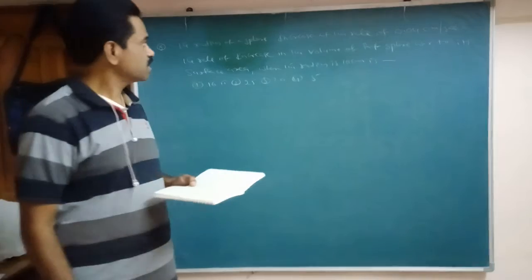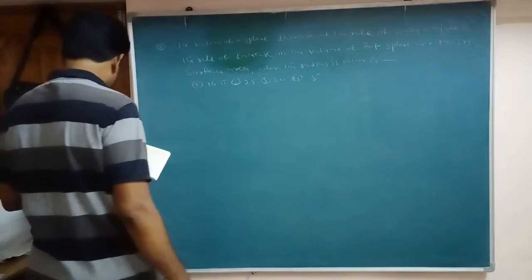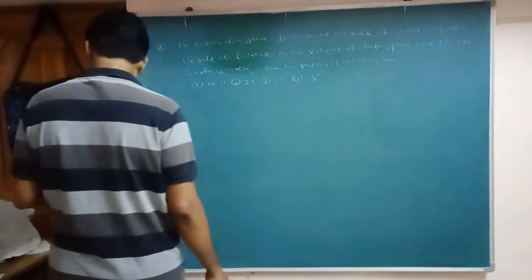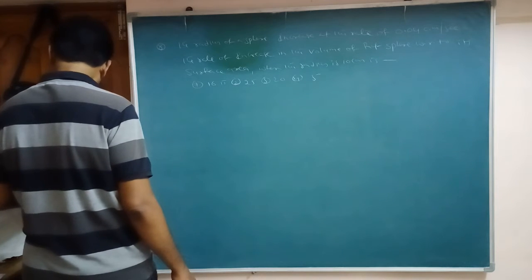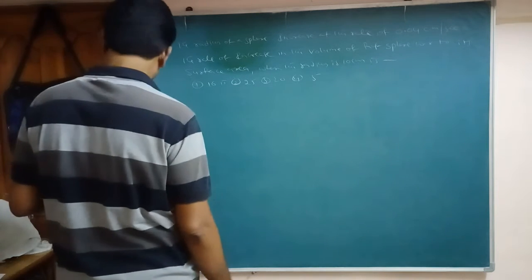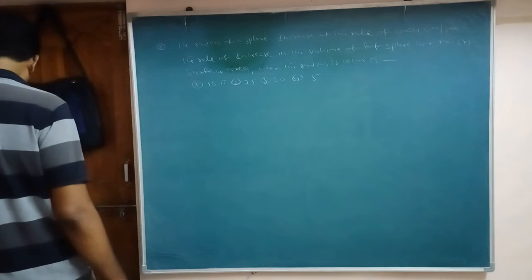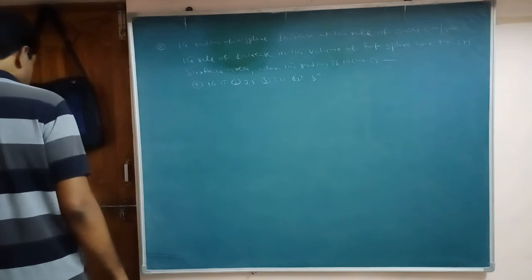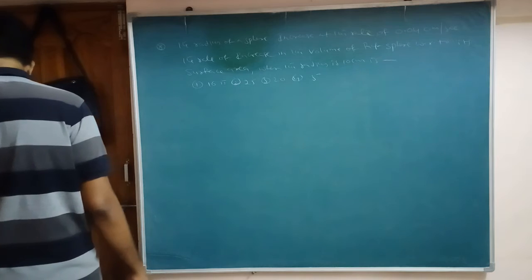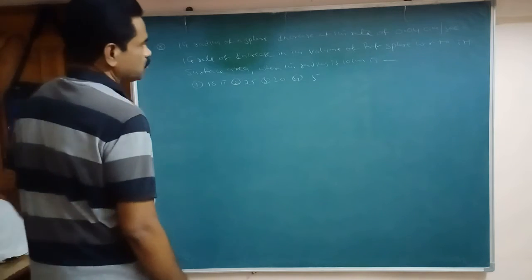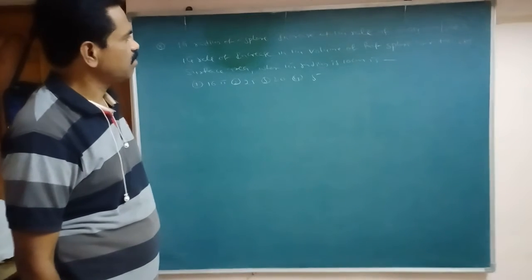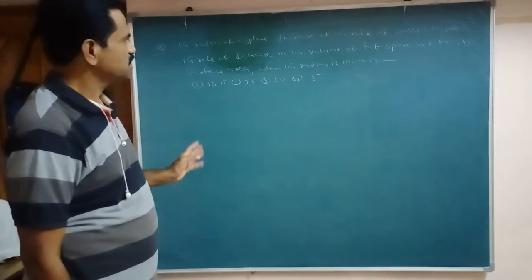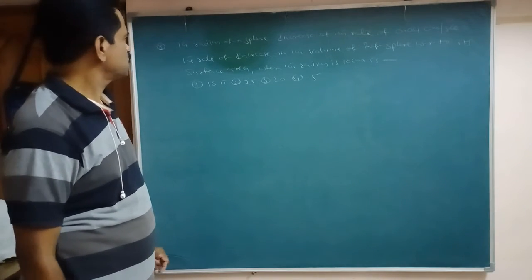Here, what is given? dV by dt, and surface area. What is the surface area? 4 pi r square. The radius of the sphere increases at the rate of 0.04 centimeters per second.